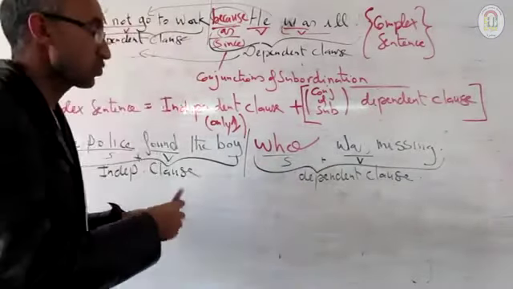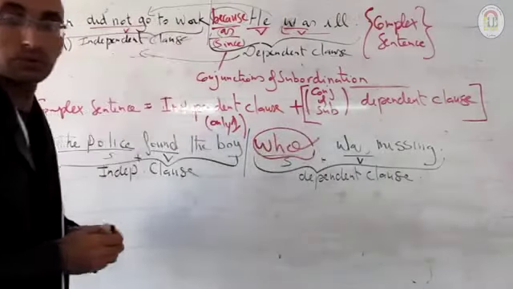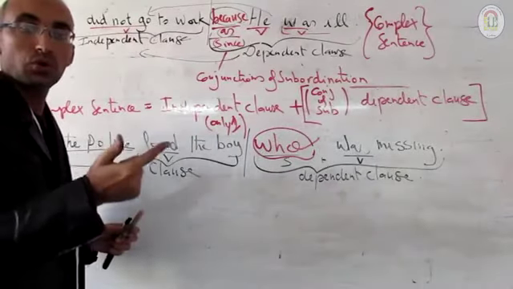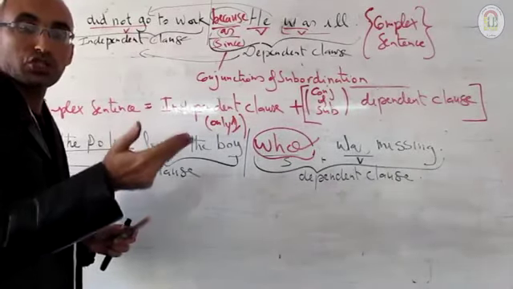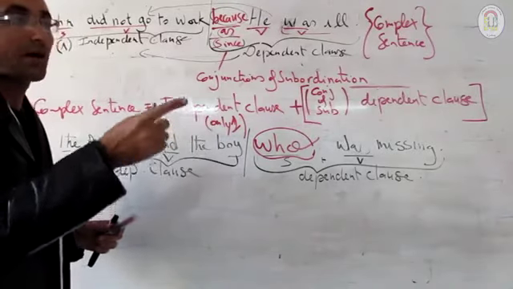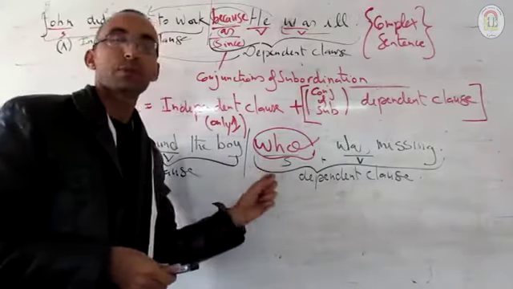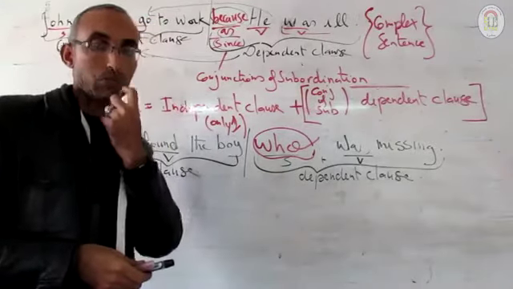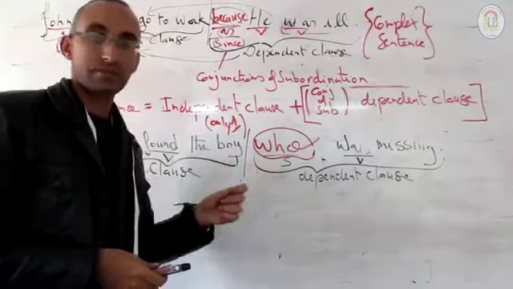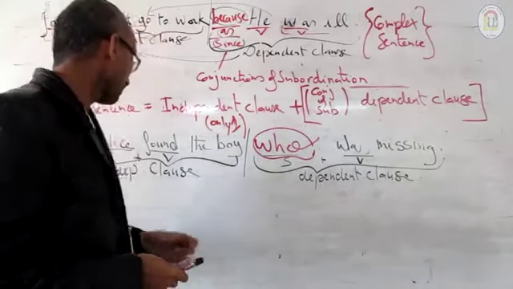It starts with who. What is who? Who, whom, whose, which, and that. What are these? Oh yes, these are what we call relative pronouns. Relative pronouns. Clear?